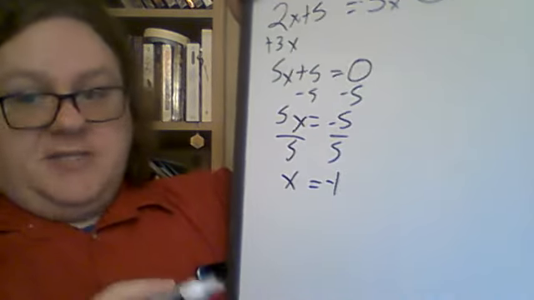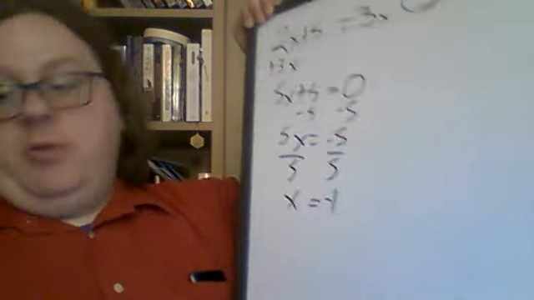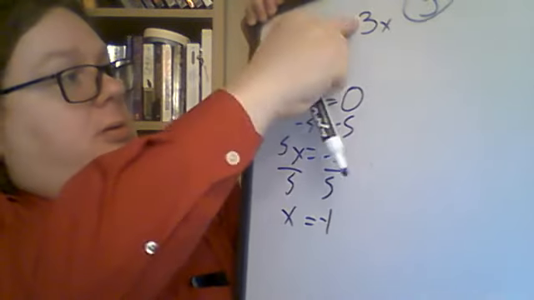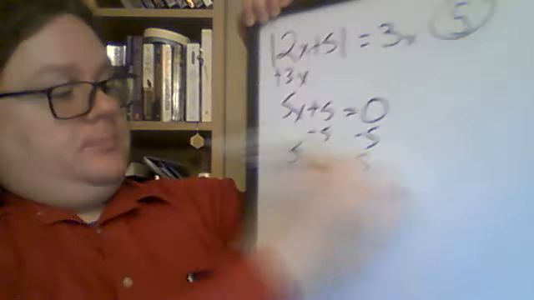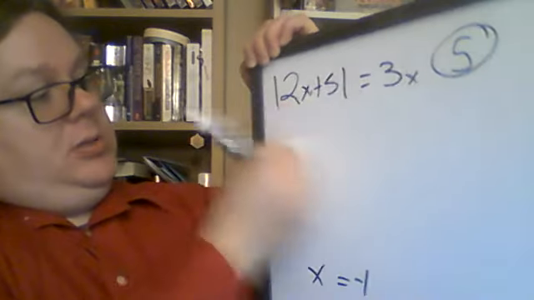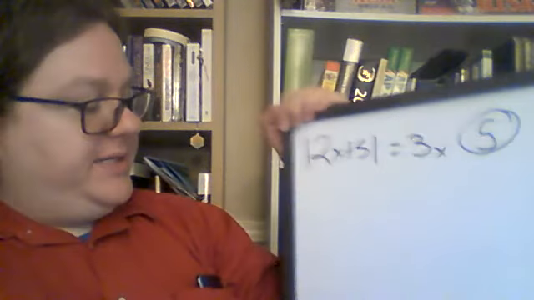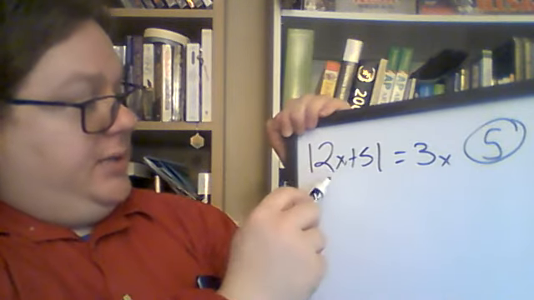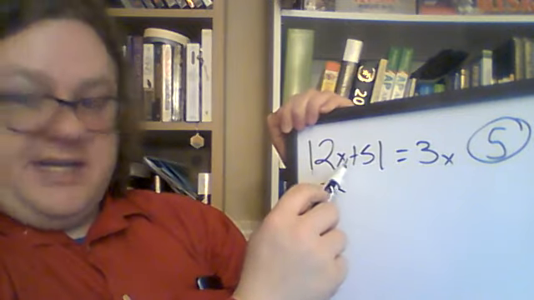Now that seems fine. We've had negative answers before. But if we go back to the original problem and we put in negative 1, then we get negative 2, because 2 times x is negative 1.